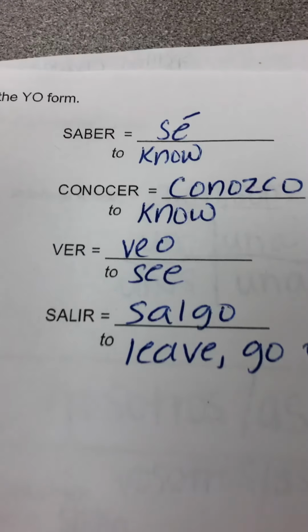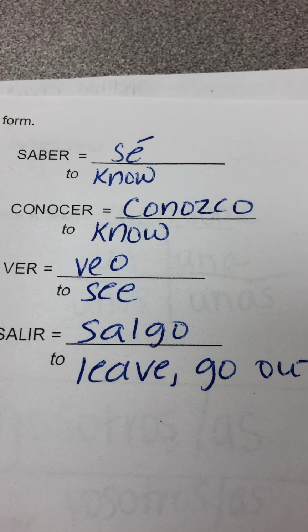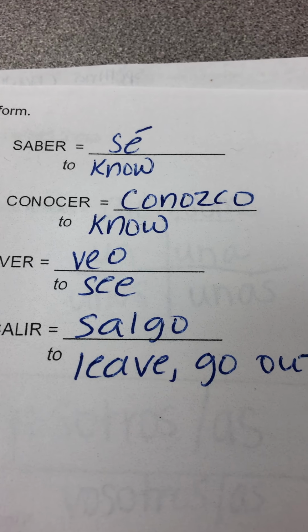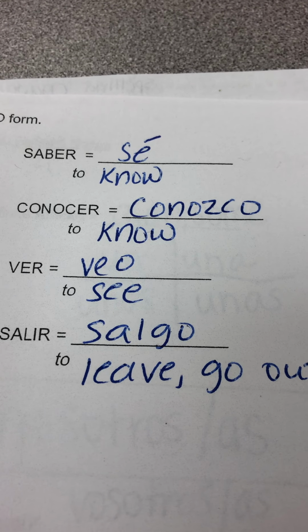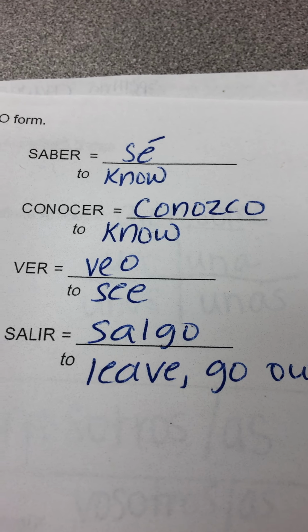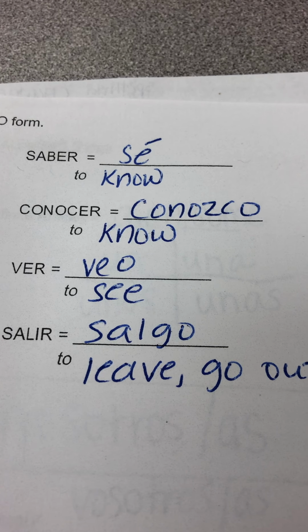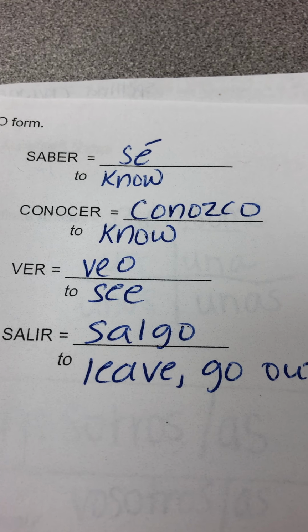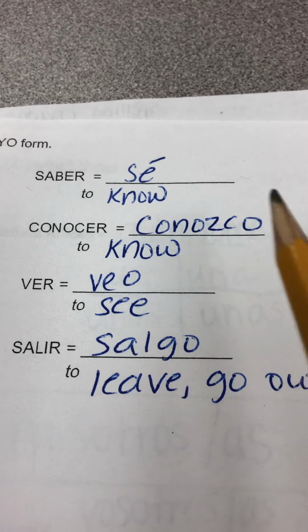All right, for saber and conocer, yes, I know they both mean know, and we're going to learn about the difference in a minute. The yo form of saber, to know facts or information, is sé. Yo sé, or no sé, I don't know. To say I know using conocer is conozco. It has a Z in there.